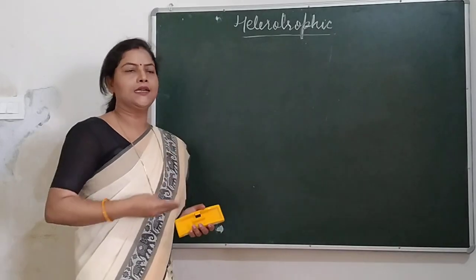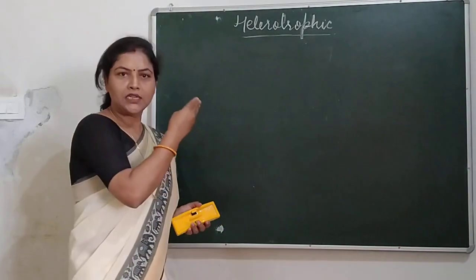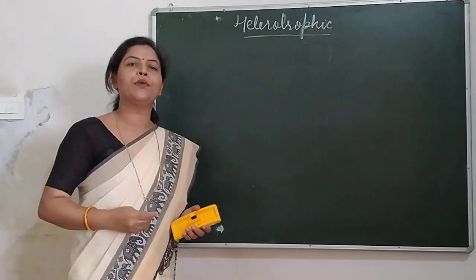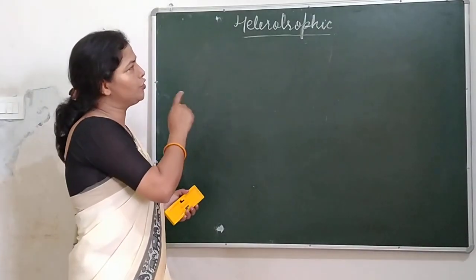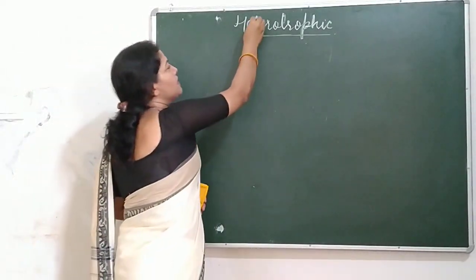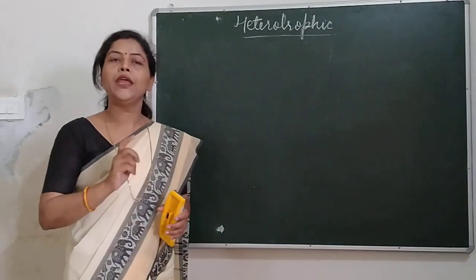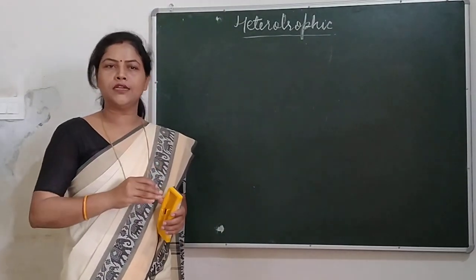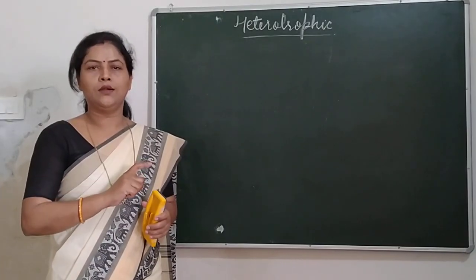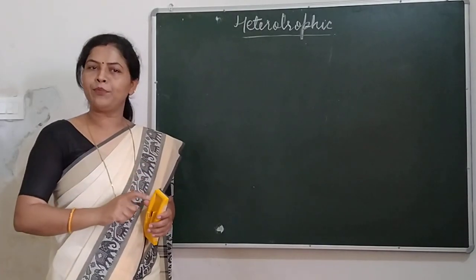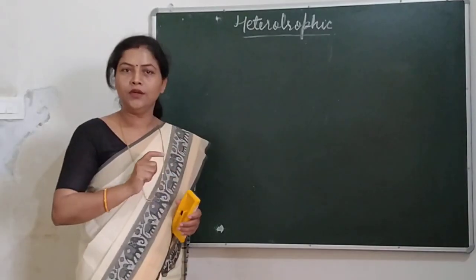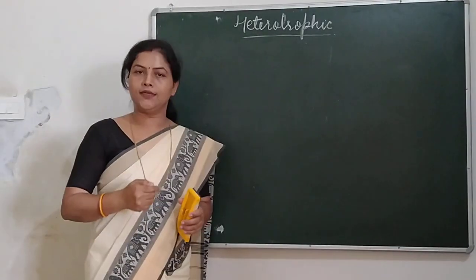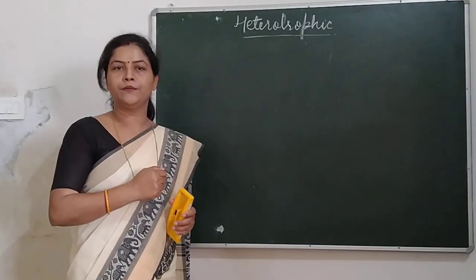Before I start explaining about the different modes of nutrition in non-green plants, first of all we should know what is this heterotrophism or heterotrophic mode of nutrition. Those organisms who are not capable of making their own food, then they are dependent upon others for their food.